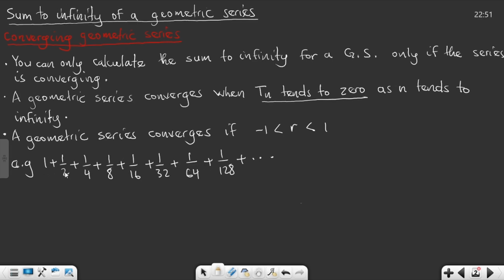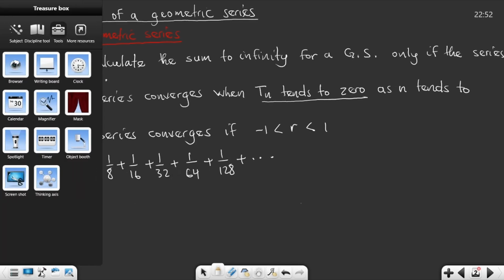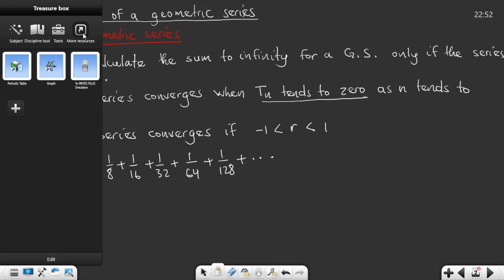So the value of Tn is tending to 0. So Tn tends to 0, or we can say Tn approaches 0. You can see this value is getting smaller and smaller. It's approaching 0. Maybe you are not seeing that because it is fractions.